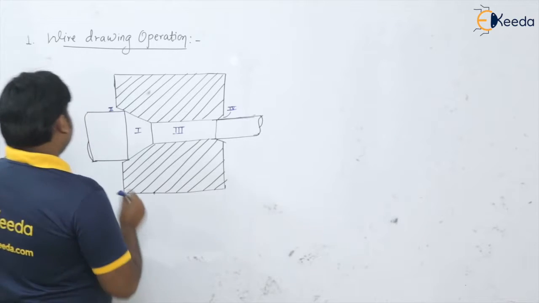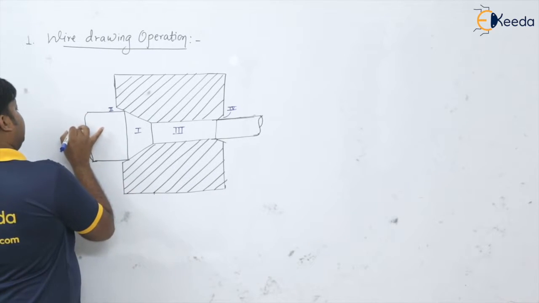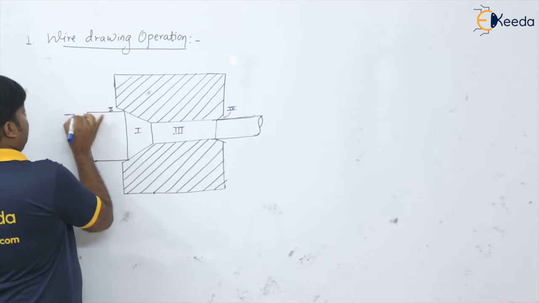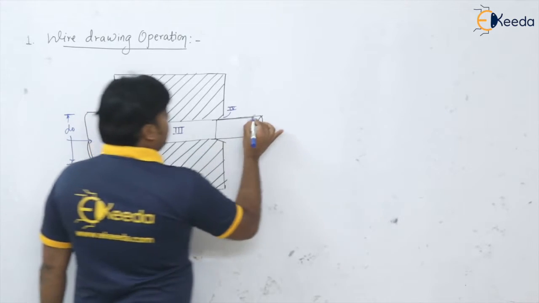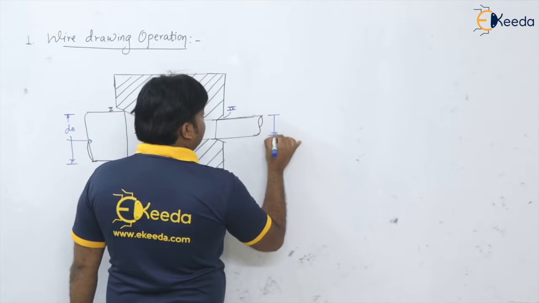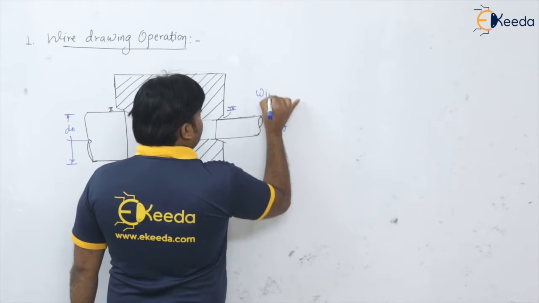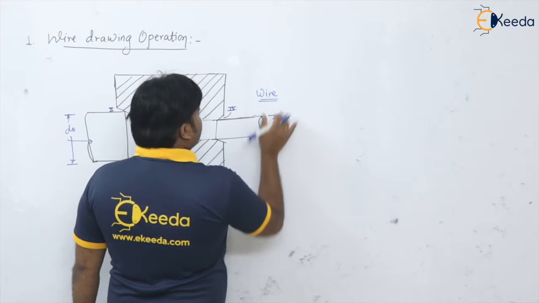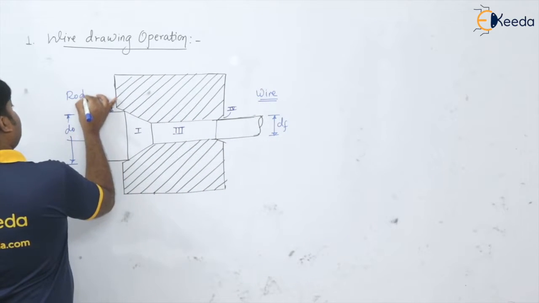See here, this is the input as a rod diameter, say D original, and at the end we get this final diameter, which is the wire. So the output is a wire and the input is a rod.